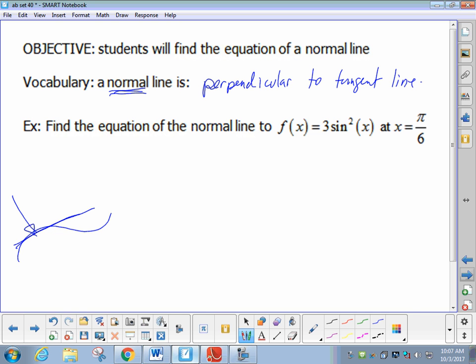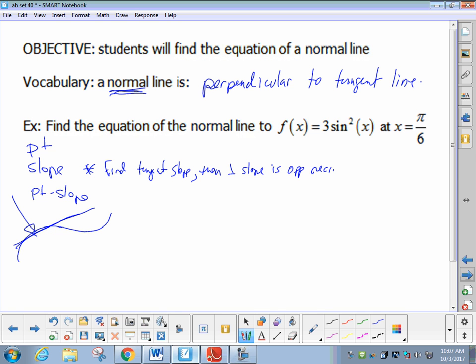So you're going to be asked to find a normal line, and it's 90% overlap with the tangent line work. Just like tangent line, it's point, slope. The only caveat is the slope: first find the tangent slope, then the perpendicular slope is the opposite reciprocal, right?